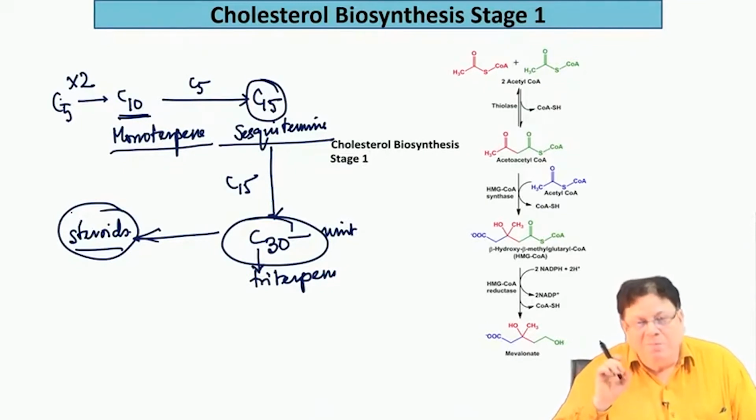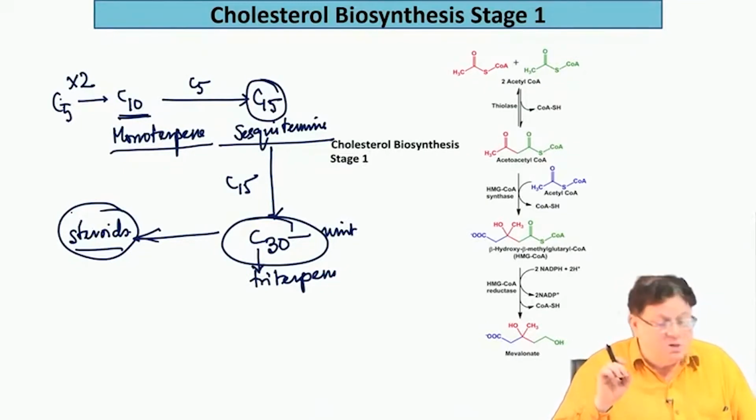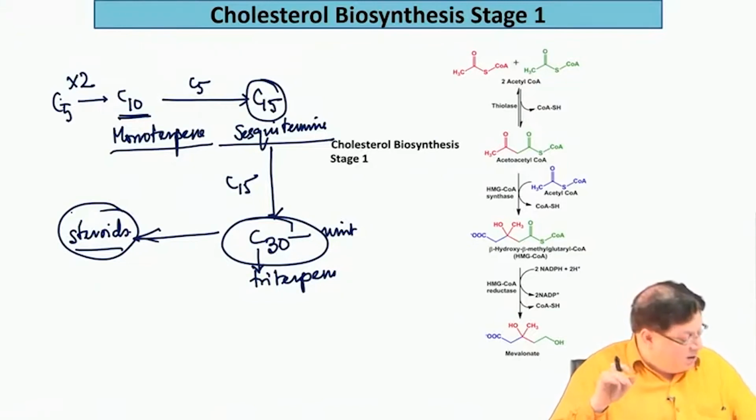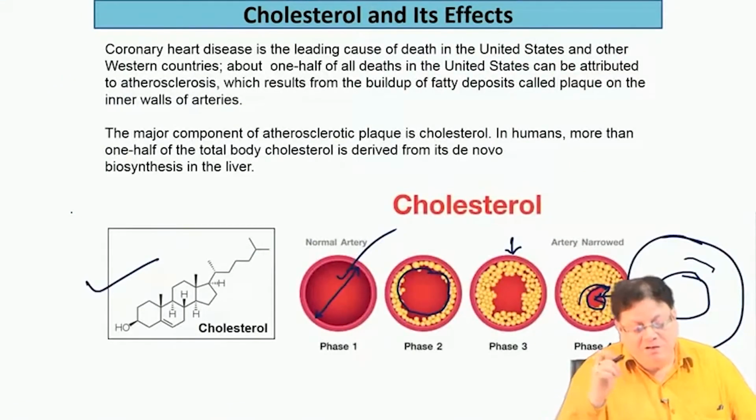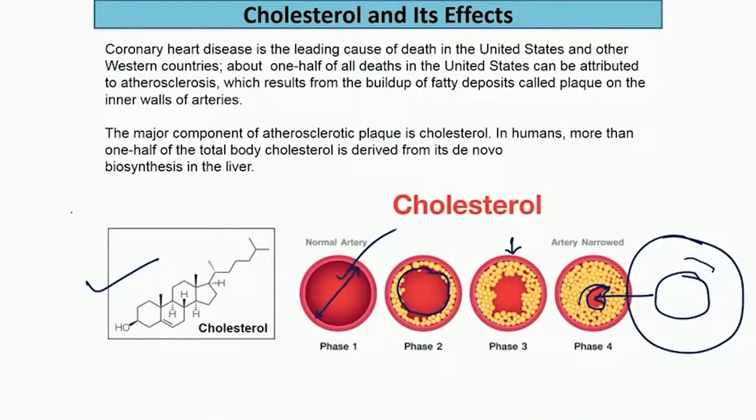But there may be some cases where the carbon count may be less than 30. I should also warn you that because cholesterol has a side chain here, it may be possible that this is totally oxidized by the system and it ultimately becomes an OH or ketone here. Then you do not have 30 carbons, but the precursor is 30 carbon.